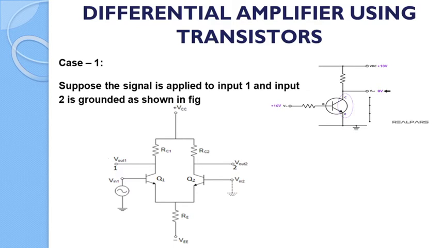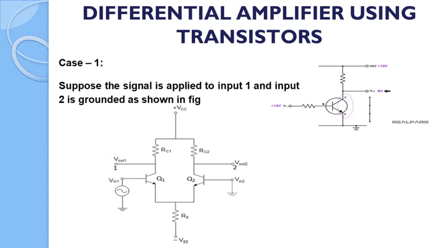Single-ended configuration means one transistor is given the input signal and the other transistor is grounded. So the connections are established as per case 1. Input 1 is supplied with the signal and input 2 is grounded, as shown in the figure.